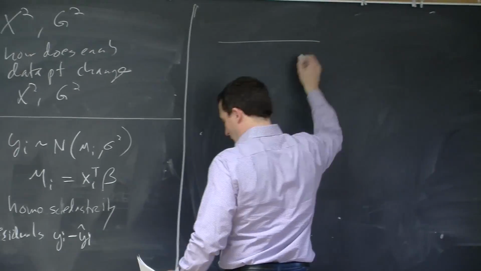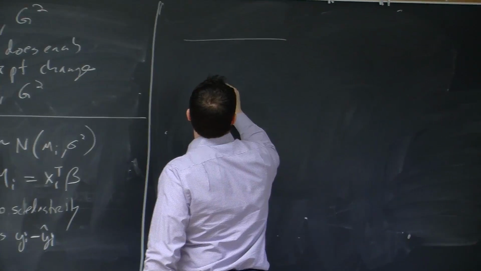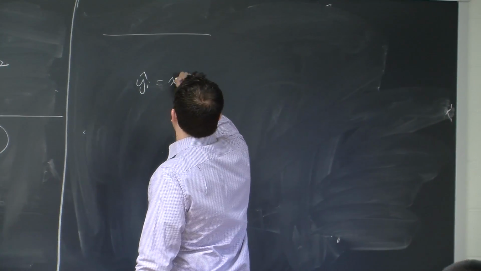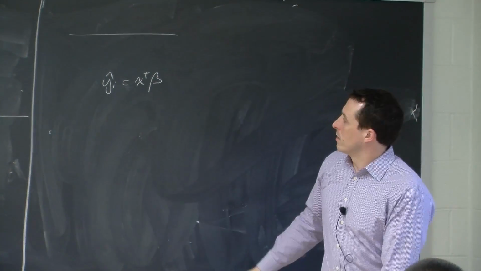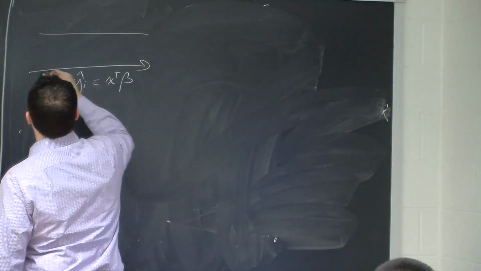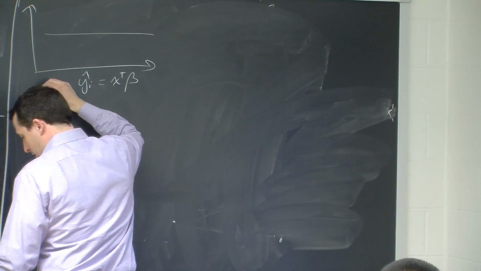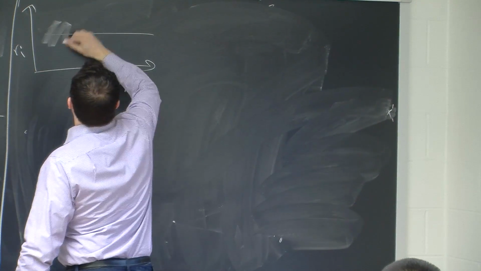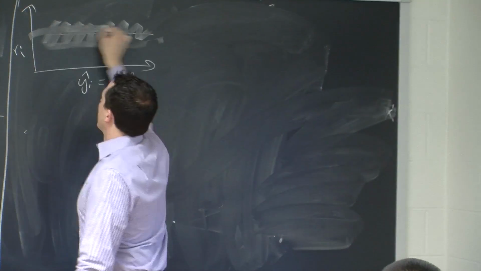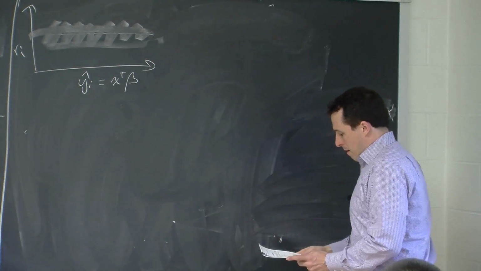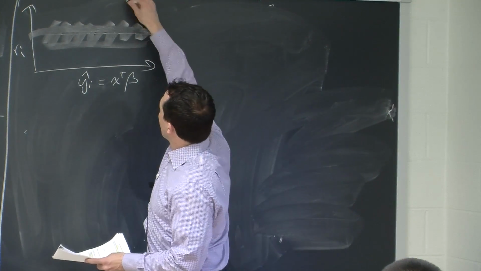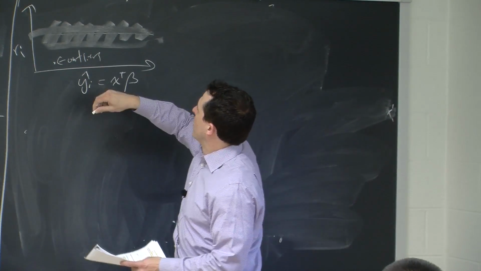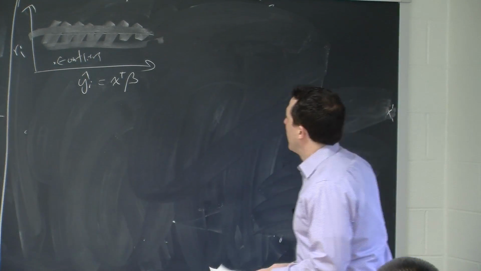So we want it to look like this: this is yi hat, which in the case of linear regression is just x transpose beta, and this is the residual itself, Ri. We want a nice horizontal band with no big values, because values like this are outliers, and we don't want to see that.